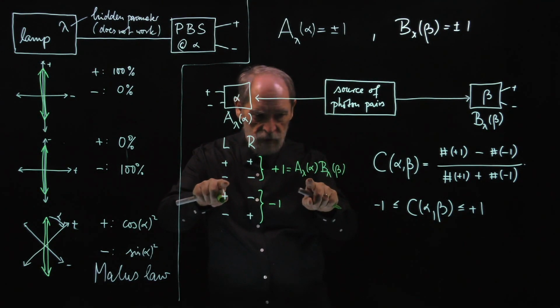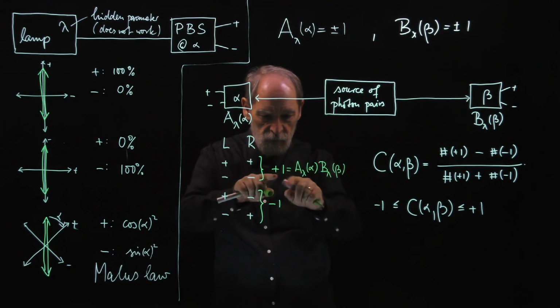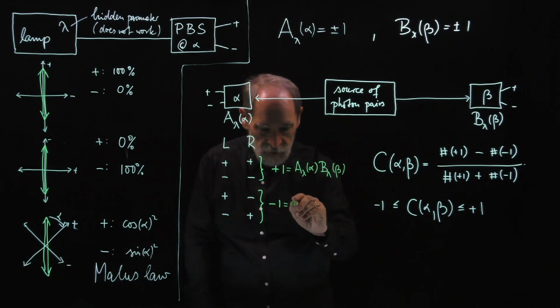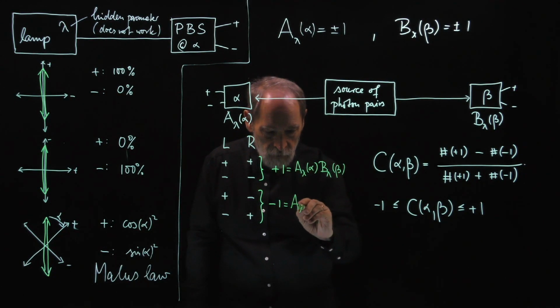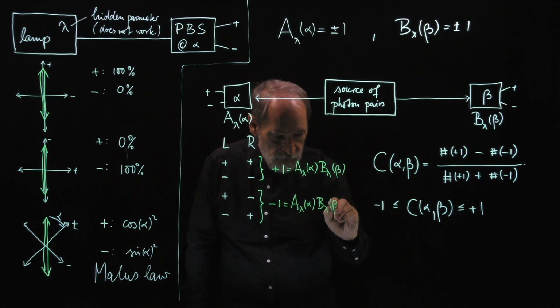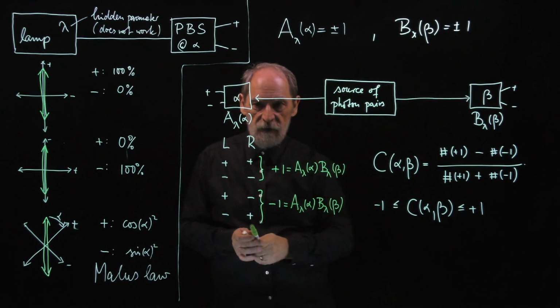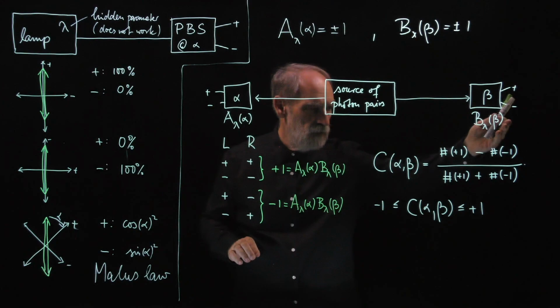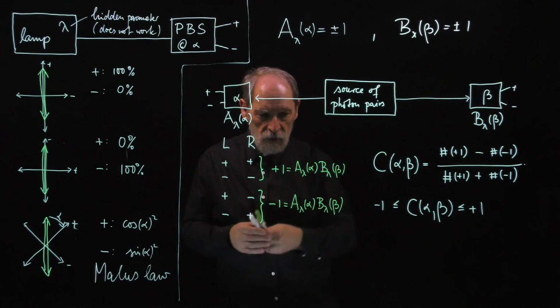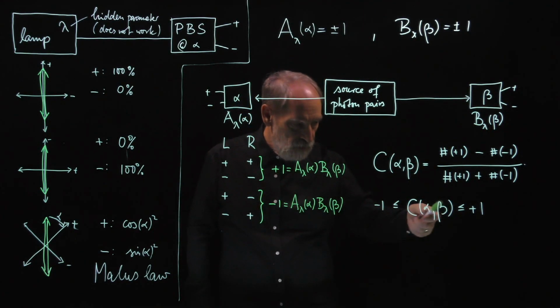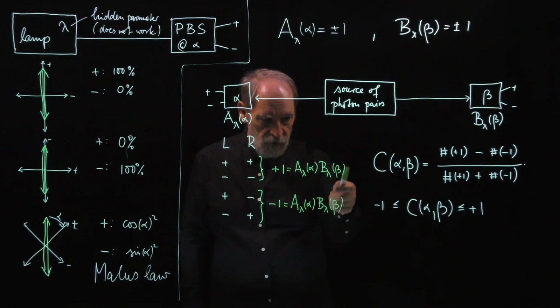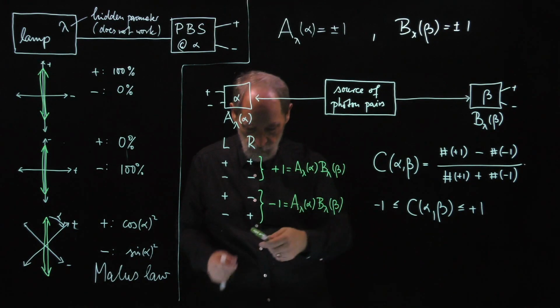A equals -1, B equals -1, the product is +1. And here one of them has the value +1 and the other one has the value -1. So again, this is just the product of the values that these functions take on, one on this side and one on this side. So this correlation C(alpha, beta) is just the average of all of those numbers.